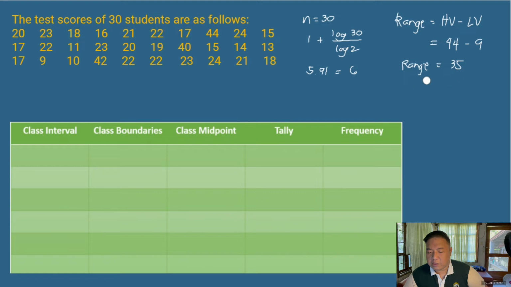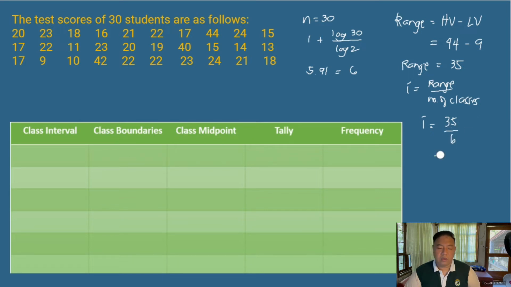So, now the class width, which is represented by i, will be the range over the number of classes. Therefore, i is 35 over 6. And what is the result of having 35 divided by 6?